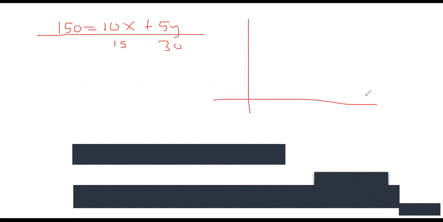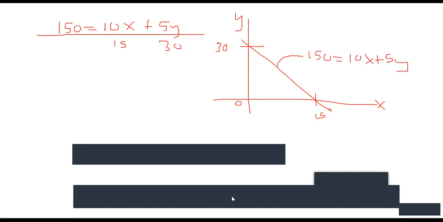So how do we sketch it? On the y and on the x. It's cutting the y at what? It's cutting the y at 30 and cutting the x at 15. So this is how we sketch this equation, 150 is equal to 10x plus 5y. That is how we sketch such a graph. Are you together?